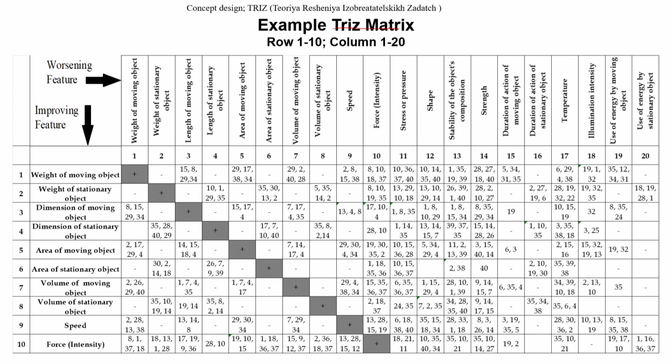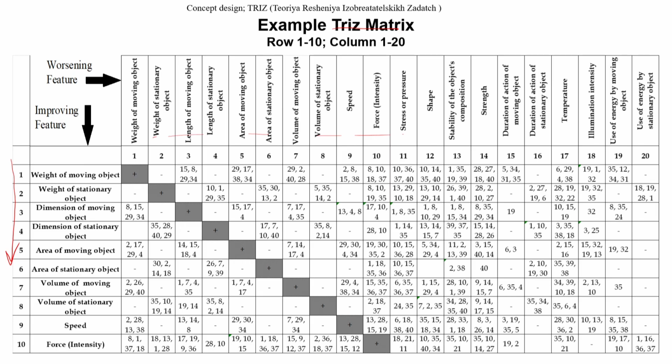On the TRIZ matrix, on your left you will get the features that you are trying to improve. And as I told you, among these 39 engineering specifications there are always contradictions. You try to improve one, and one of the other features will be worsened. So these worsening features are listed here, and because this is a big 39 by 39 TRIZ matrix, I cannot show you the entire thing in one.